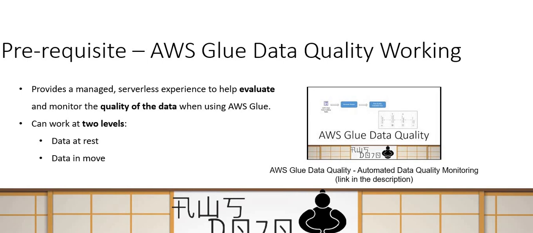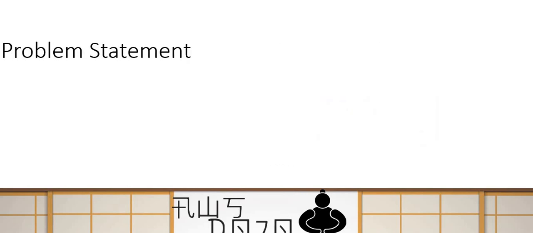So let's move on to what we are trying to solve here. This video is primarily based on my discussions with some of the customers in recent times. We all know that the AWS Glue Data Quality feature was launched some time back. In fact, the feature is at present still in preview.